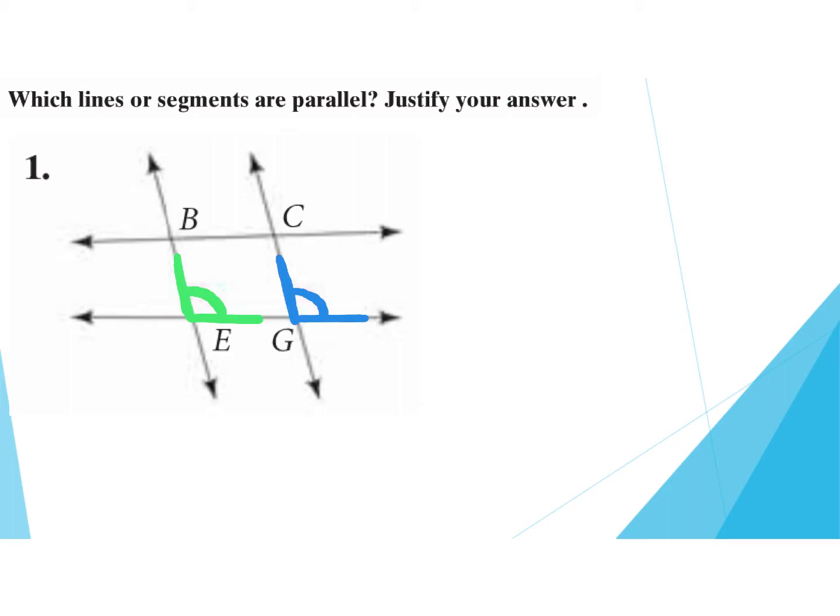Now we can see that the line that overlaps is this line right here. So this becomes my transversal, where they run into each other, which means that the other two lines have to be the parallel lines.